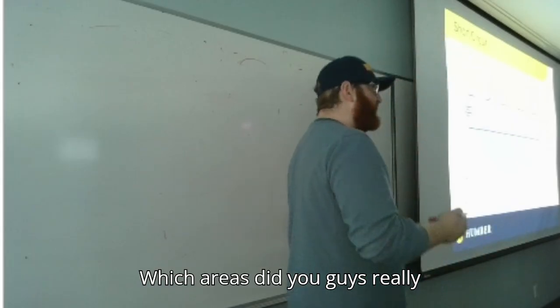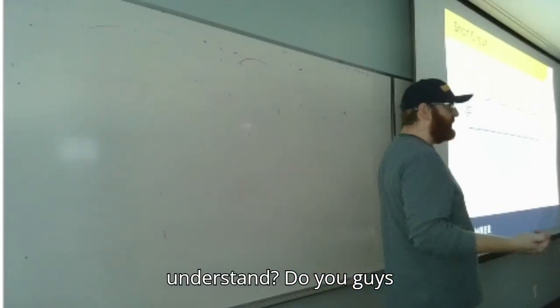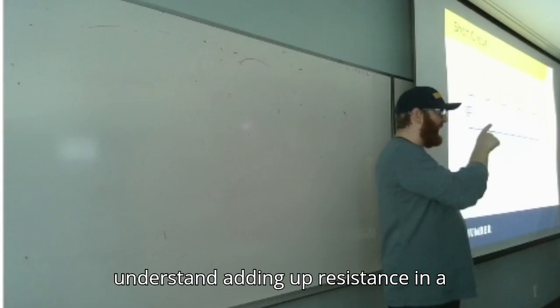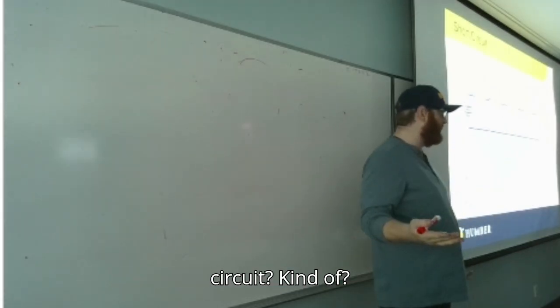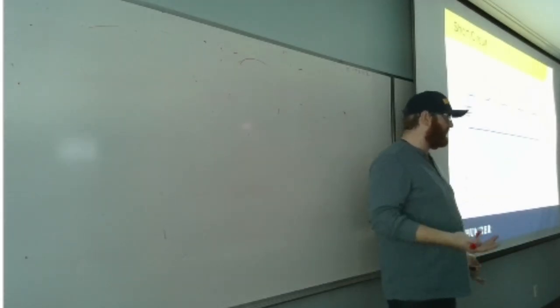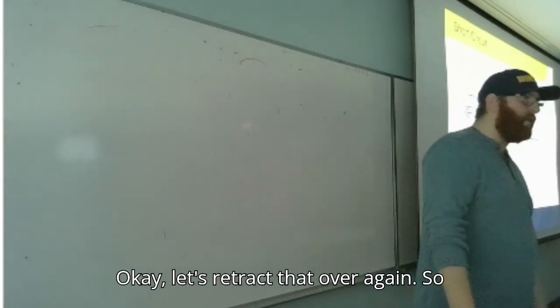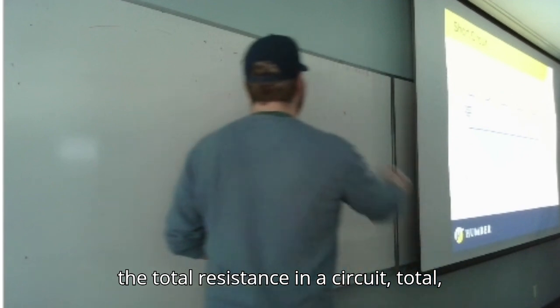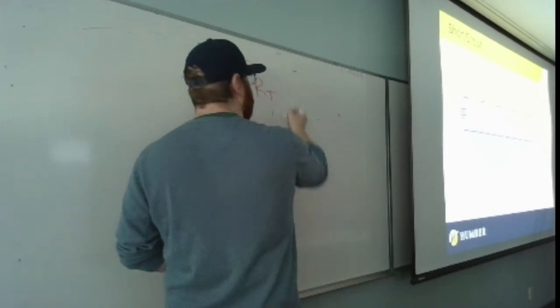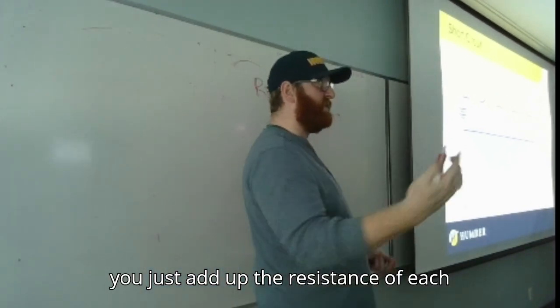Which areas did you guys really understand? Do you guys understand adding up resistance in a circuit? Kind of? Maybe a little bit yes, a little bit no? Okay, let's retract that over again. So the total resistance in a circuit, resistance total, you just add up the resistance of each part.